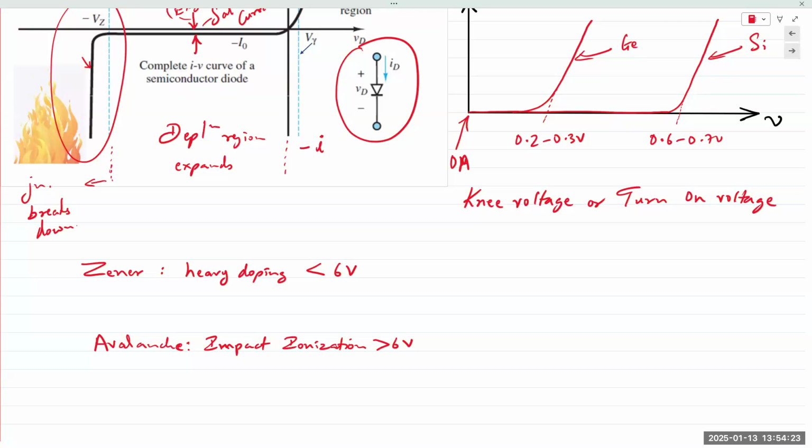But generally speaking, nowadays, both of them are mixed up. If breakdown occurs in the reverse bias, whether it occurs due to Zener or due to avalanche effect, they're all commonly referred to as Zener effect or Zener breakdown. But technically, Zener is separate, avalanche breakdown is separate.